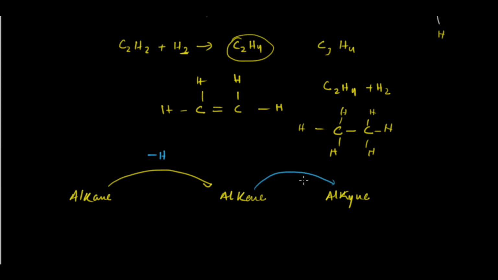When you remove 2 hydrogens from an alkene, it becomes an alkyne. So saturated is becoming unsaturated, and further unsaturated. Now when you add 2 hydrogens, the alkyne will become an alkene, and when you add 2 hydrogens to an alkene, it will become an alkane. Remember this one. So these unsaturated compounds are becoming saturated. These are the ideas from this lecture.